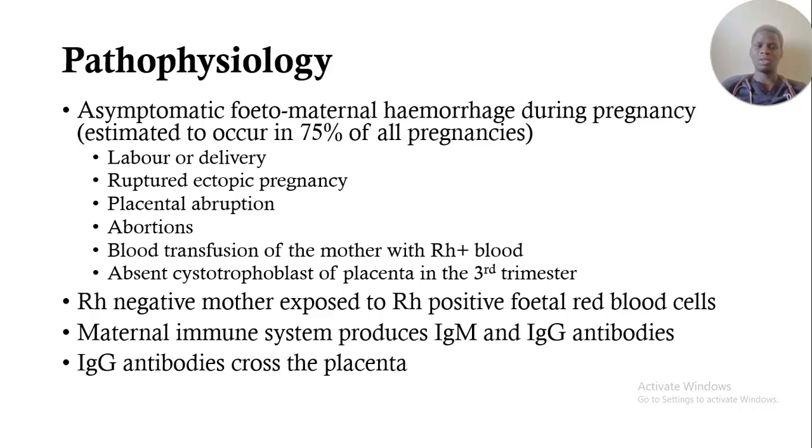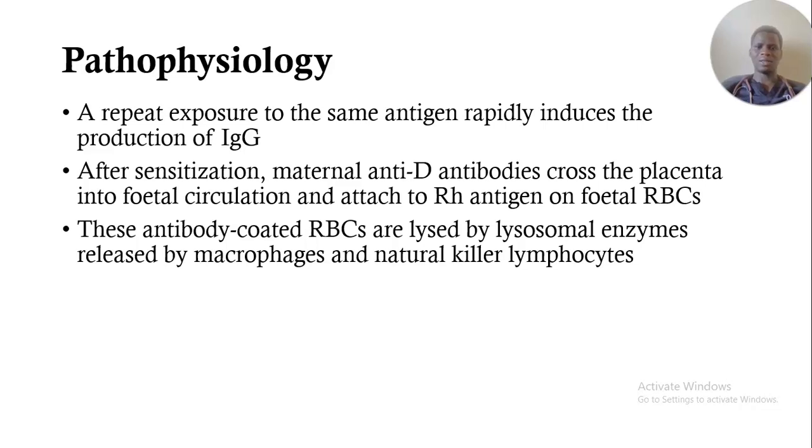This IgG takes quite a long time to produce, so the first pregnancy is safe, and the first baby is always safe. But in subsequent pregnancies, maternal sensitization occurs with repeat exposure, that is the second pregnancy, with the fetus still being rhesus positive and the mother rhesus negative.